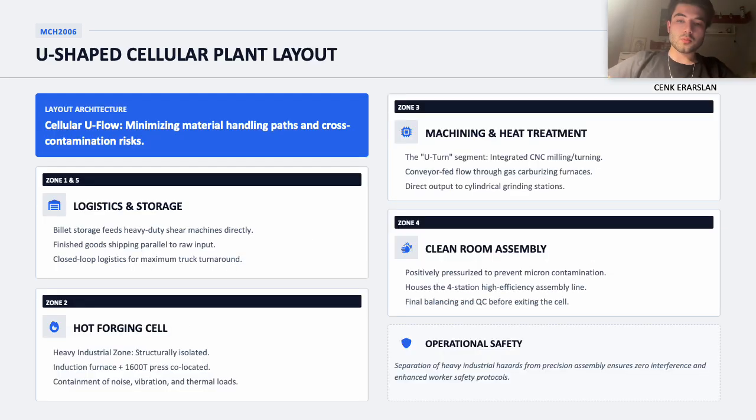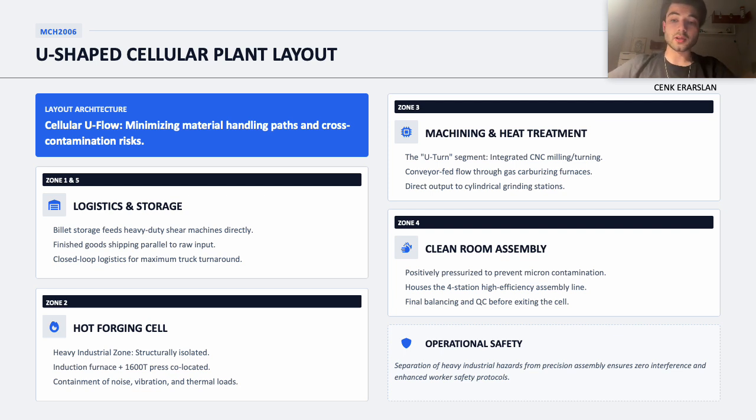Moving on to the U-shaped cellular plant layout, our facility is organized into main operational zones. First, we have logistics and storage, which directly feeds the raw material and handles finished goods. Second is the hot forging cell, which is structurally isolated for heavy industrial tasks.